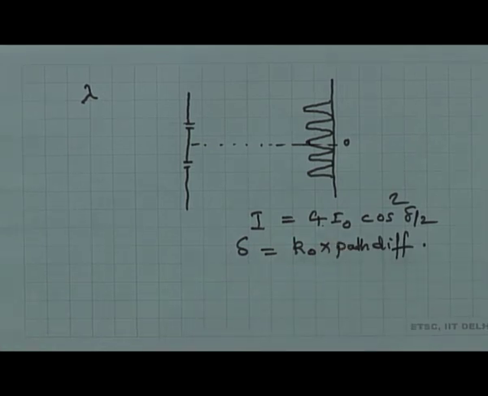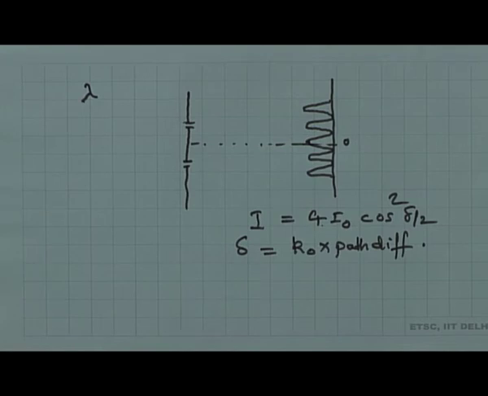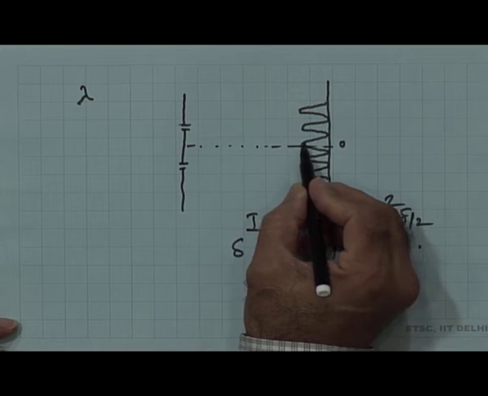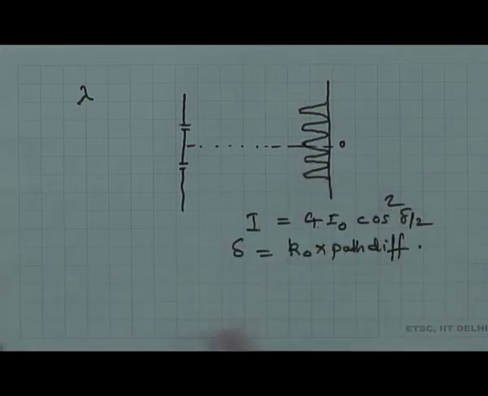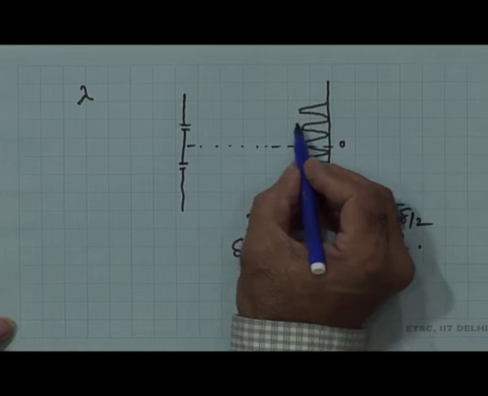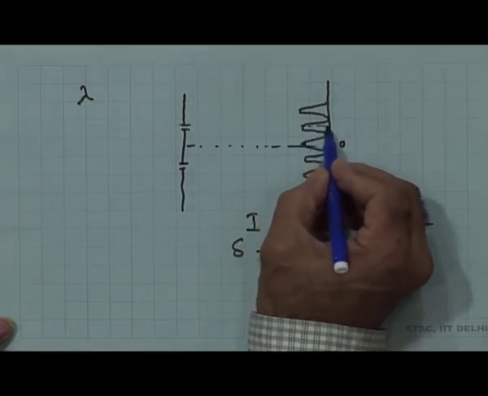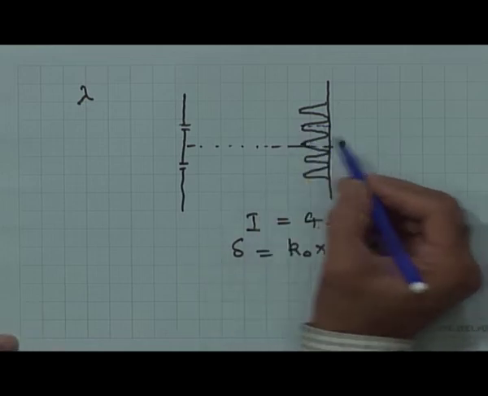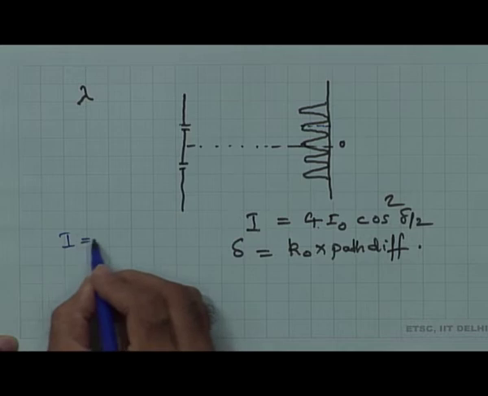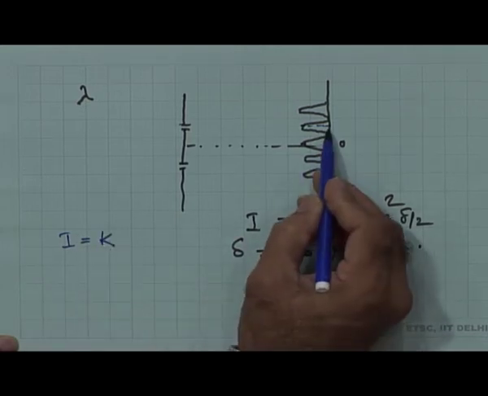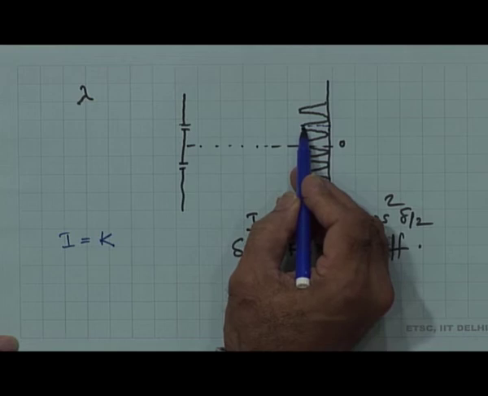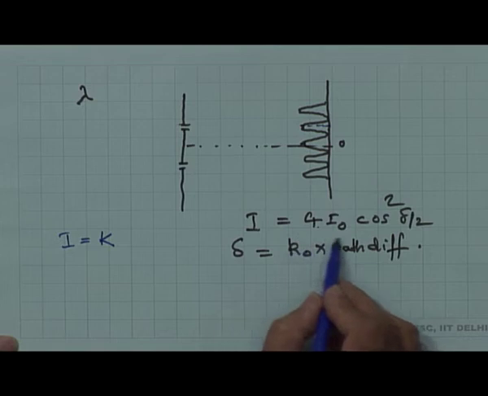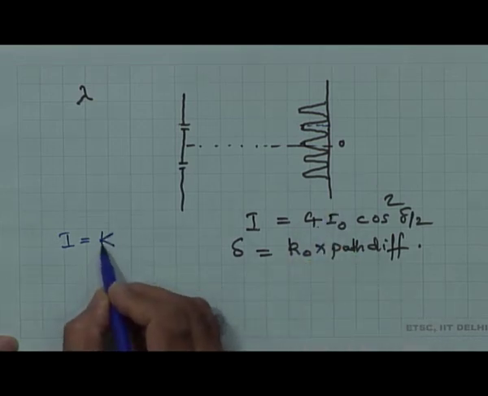Now, the question says the intensity of light at a point on the screen where the path difference is lambda is k. We know that at this point the path difference is 0, and at this point the path difference is lambda, which is the first bright fringe. So the maximum value, which is 4 times I 0, is given to be k.